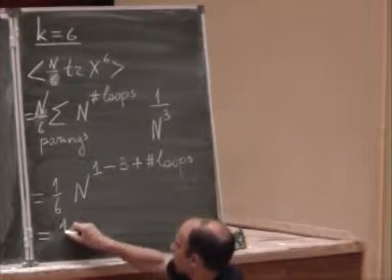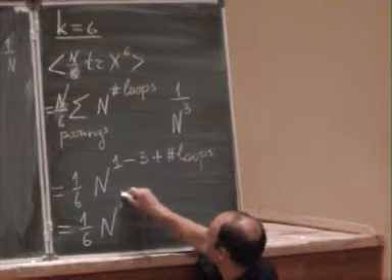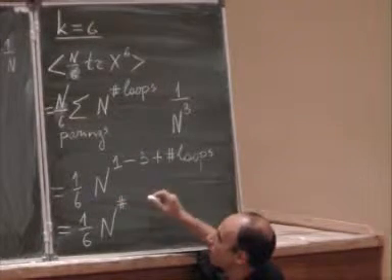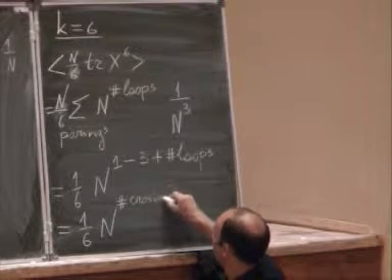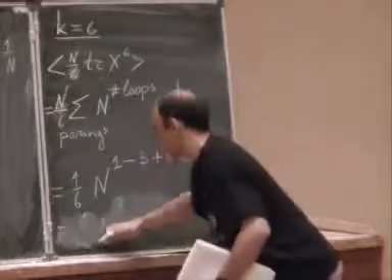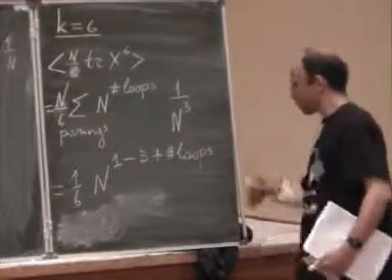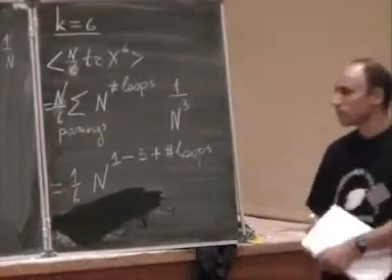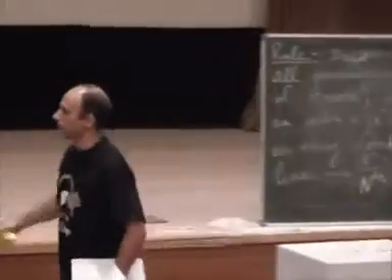Or I can write it again as 1 over 6 n to the power number of crossings. I don't have the place to write it here. Let me write the answer in the general form.